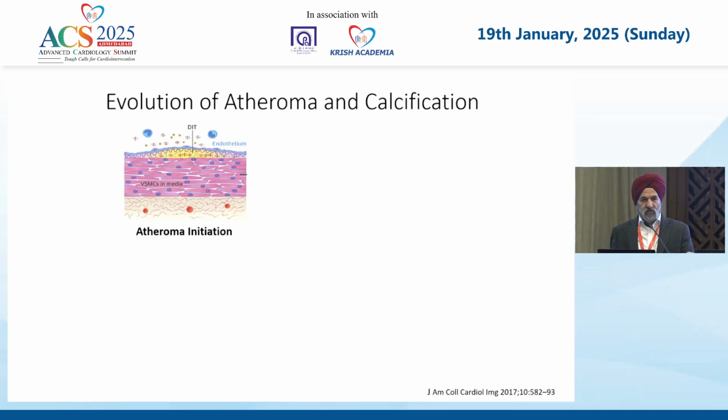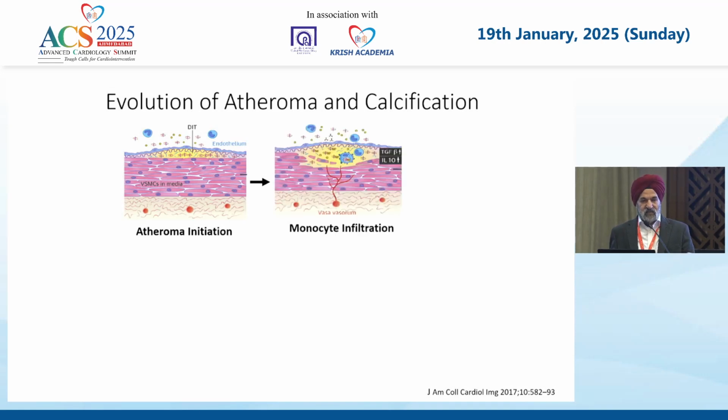Well, when we look at the evolution of the atheroma, I thought I'll just touch upon this part. It all starts with the deposition of ApoB, which binds to the proteoglycans, and this causes diffuse intimal thickening. The next thing which happens is the vasa vasorum start growing. They attract monocytes coming in, which mature into macrophages.